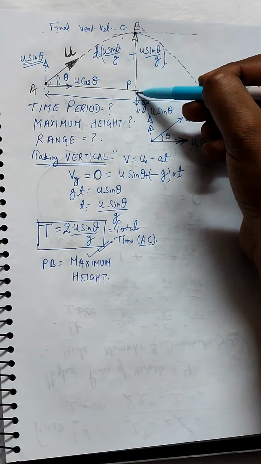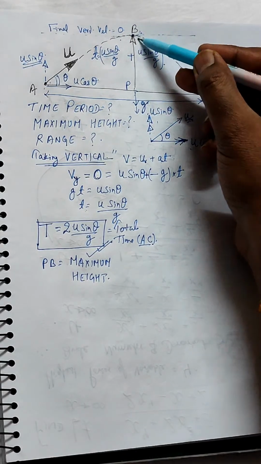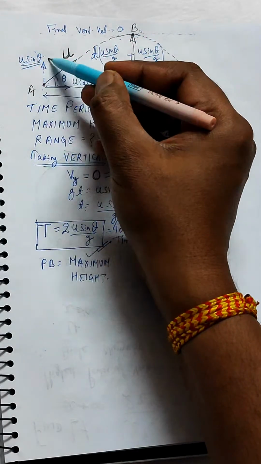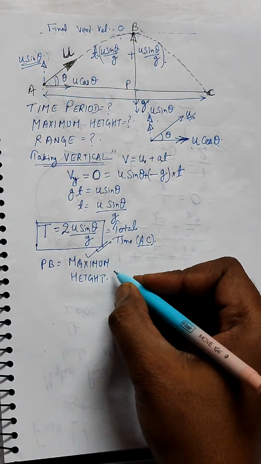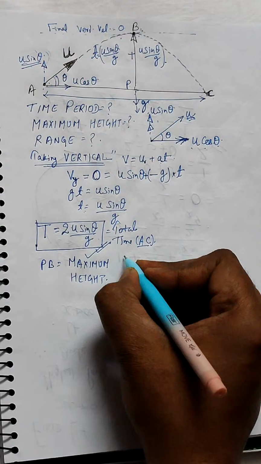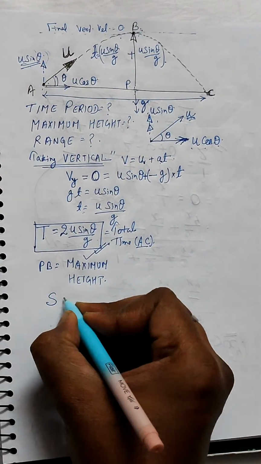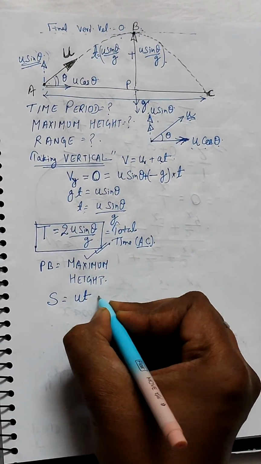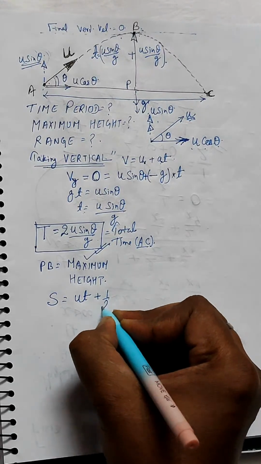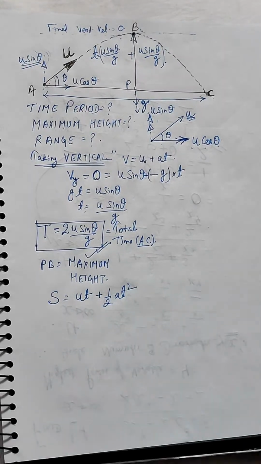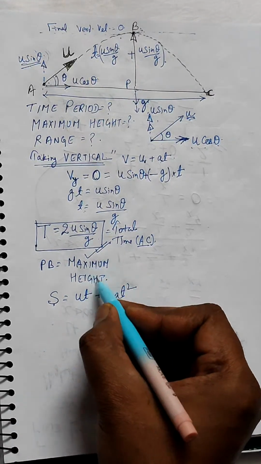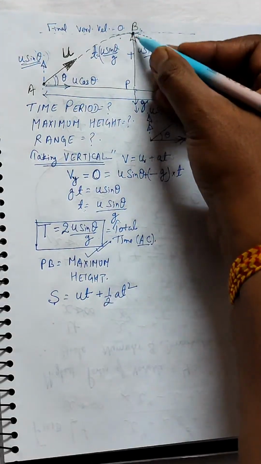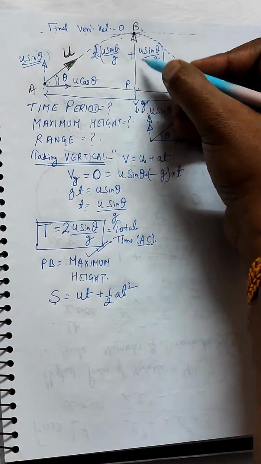This is the displacement when you are considering the vertical velocity. So just use the formula S equal to ut plus half at square. The S here is the maximum height, this PB or BP.